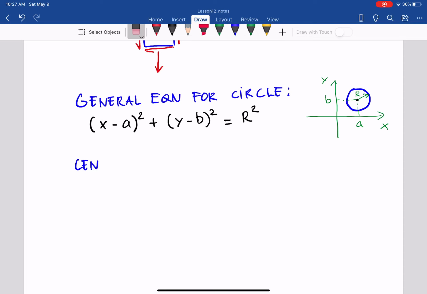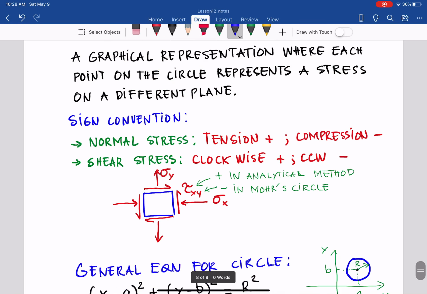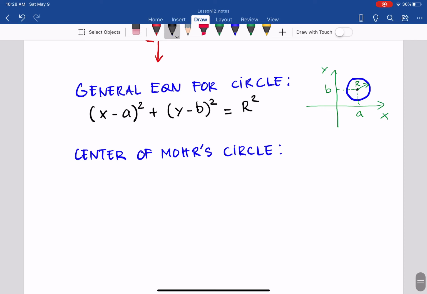So the center of the Mohr circle, which is a, b based on the general equation that you have there. So what is that for the center of the Mohr circle? The coordinate a, b for the Mohr circle is, very simple, sigma x plus sigma y over 2.